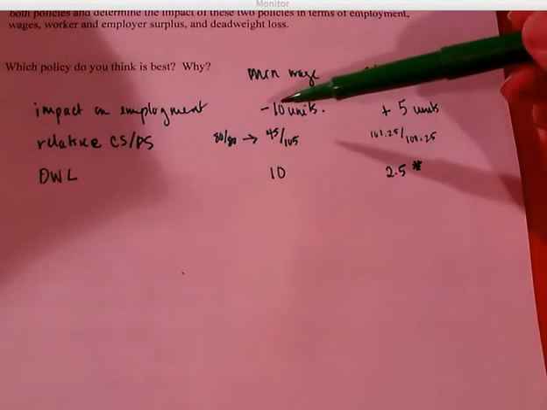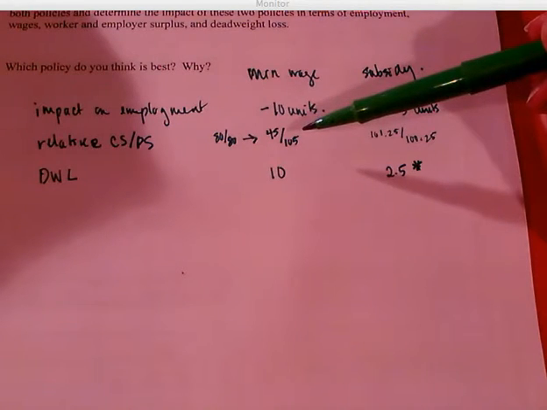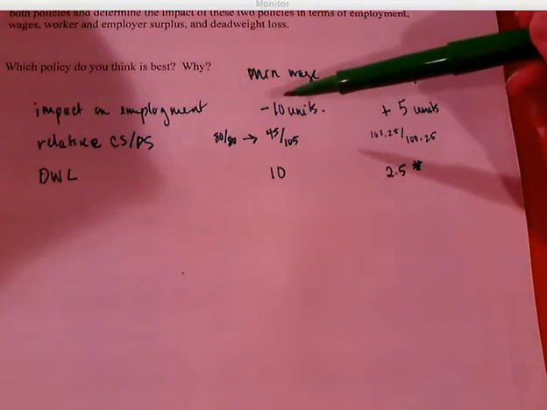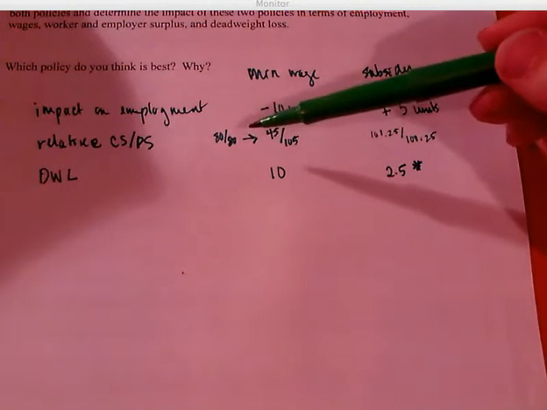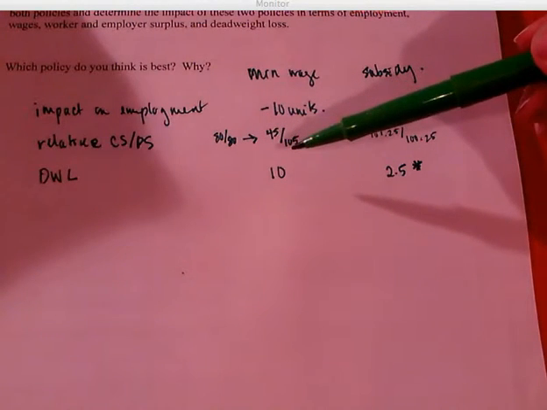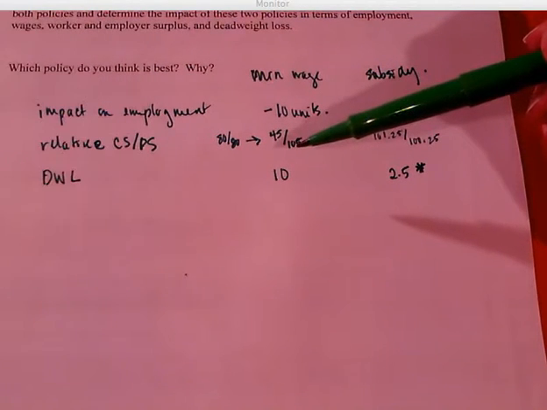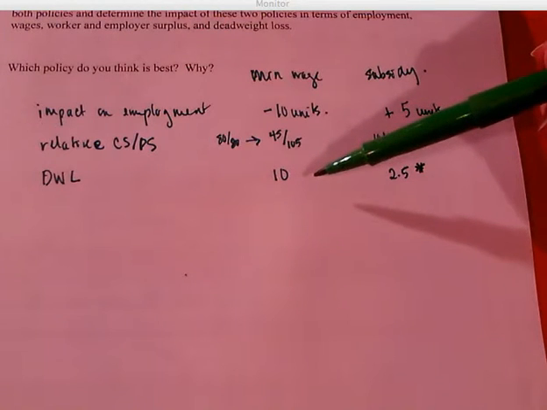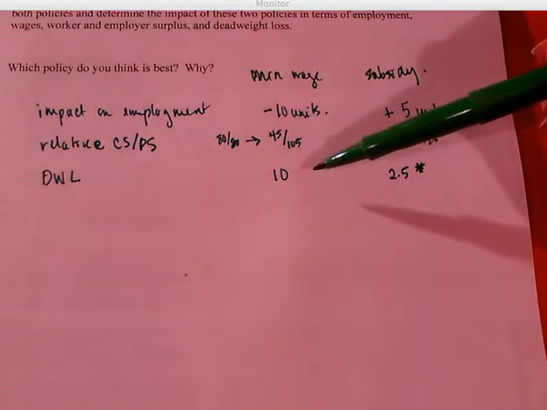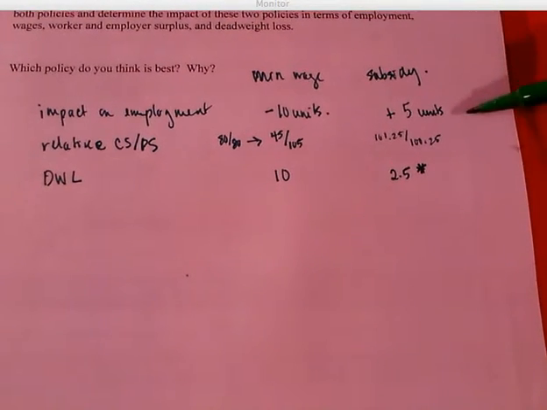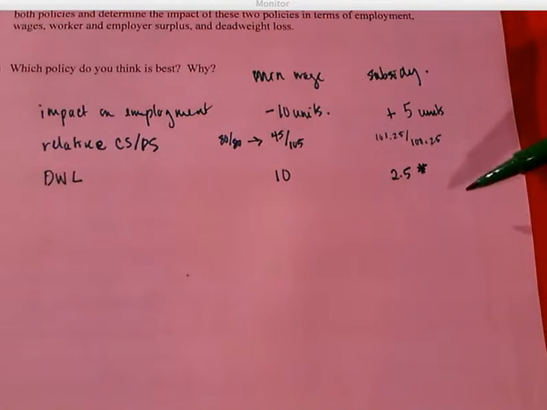We do shift a lot of surplus from consumers to producers, or employers to workers. So it used to be an 80-80 split, and now it's 45-105. So a significant change in the relative surplus of producers and consumers, but it does come with a deadweight loss of 10. The subsidy has a positive impact on employment and a smaller deadweight loss.